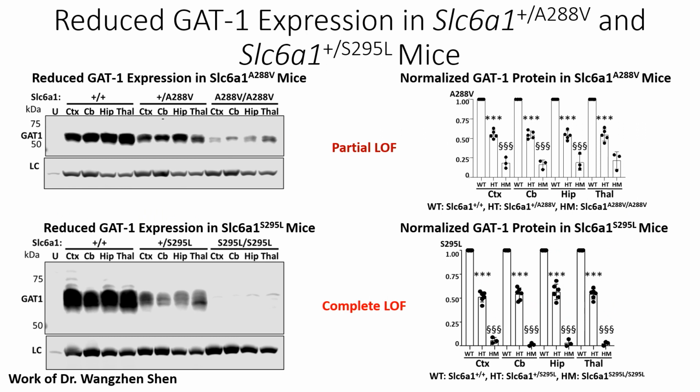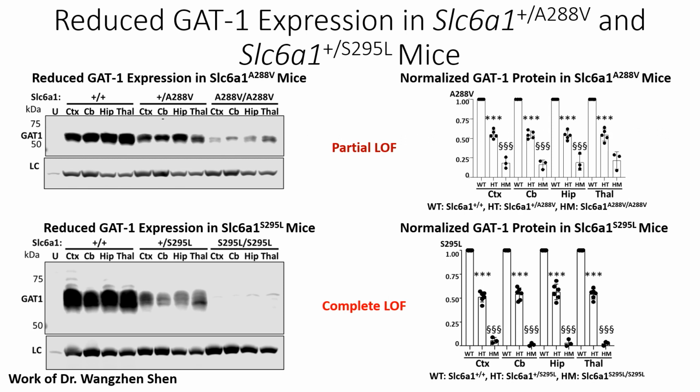In both of these models, we see that there is reduced expression of GAT1. So here I'm showing you both heterozygote mice and homozygote mice. If you look at homozygote mice, the top is the A288V and the bottom is the S295L. You can see that for A288V, for the homozygote mice, only about 25% of GAT1 is being expressed.